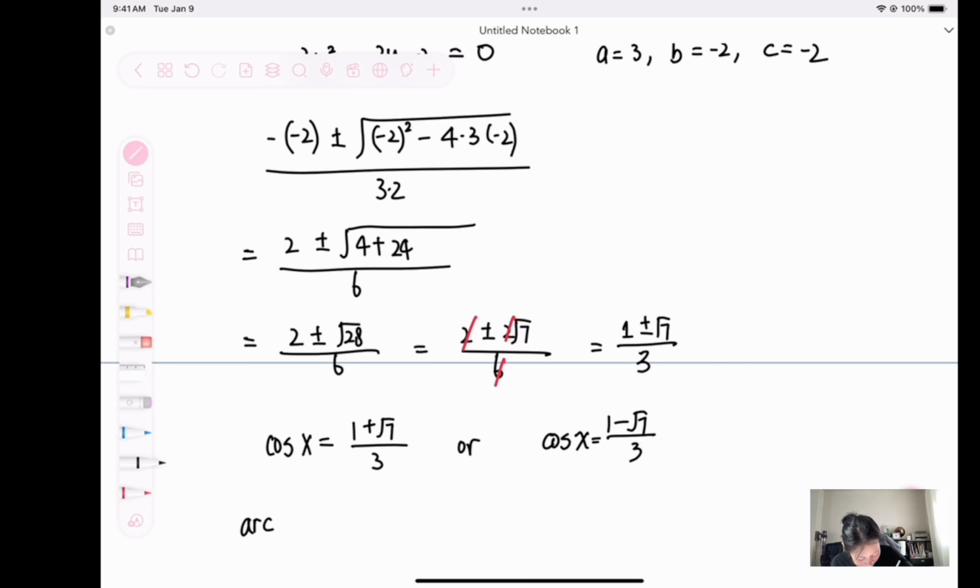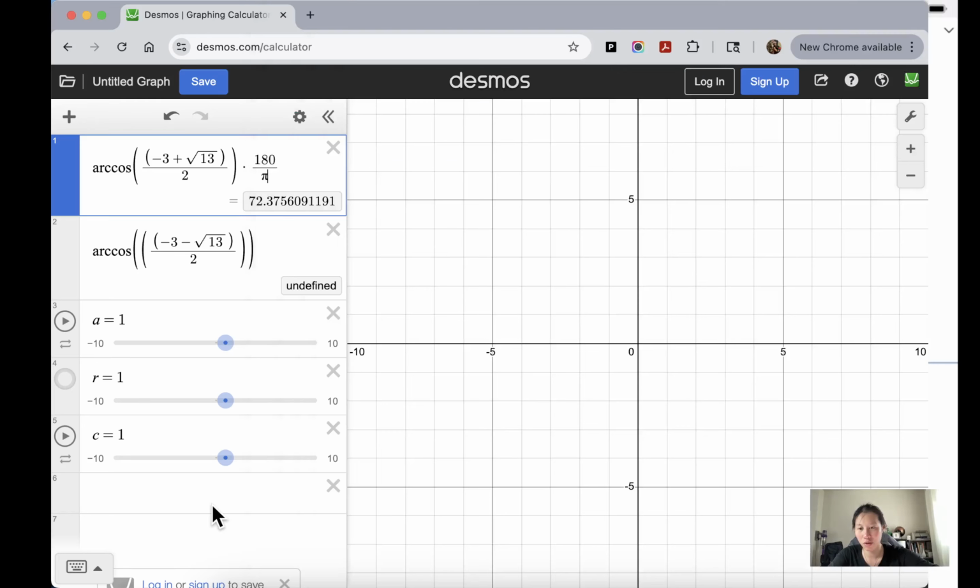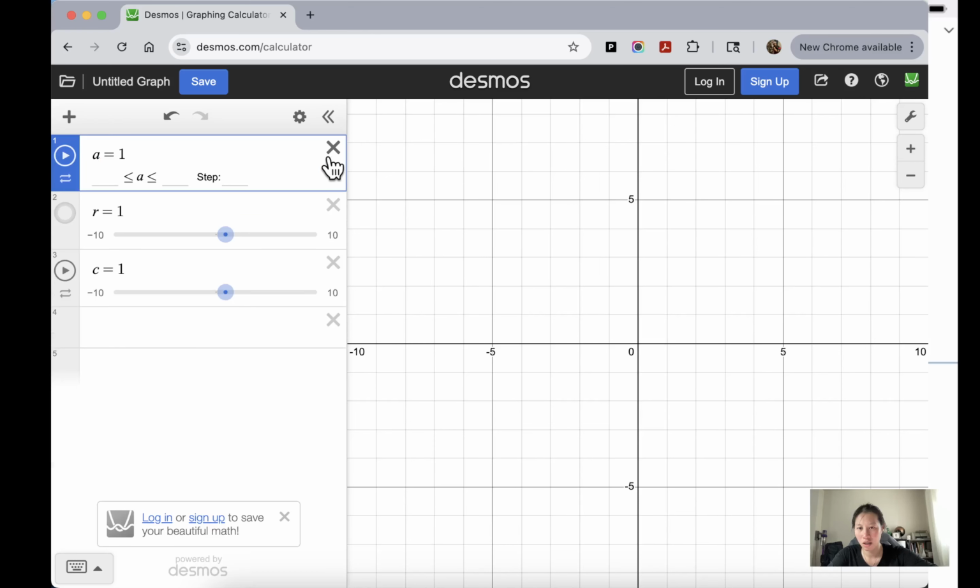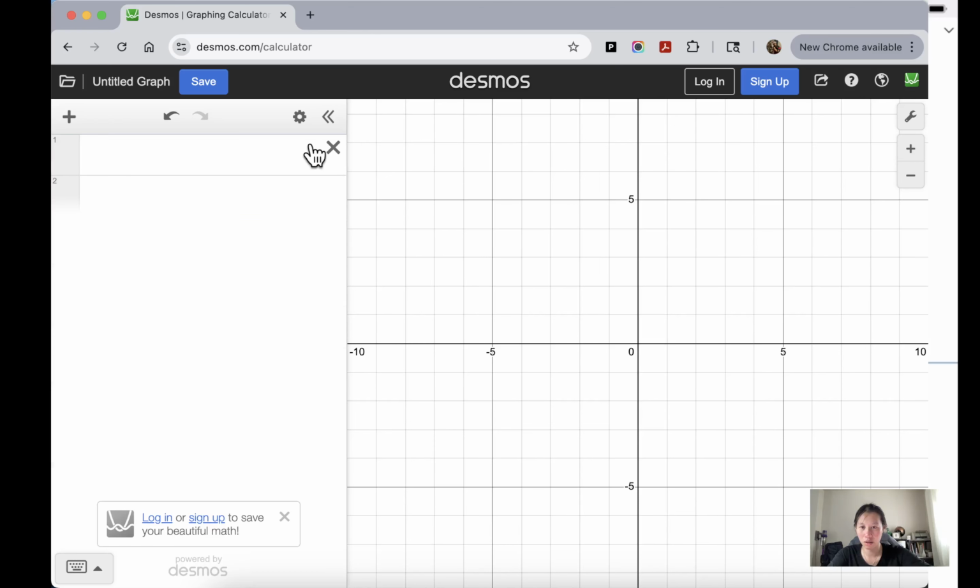And again, we need to use a decimal to help us solve. So I have the inverse function of 1 plus square root of 7 over 3, or the other inverse function. There are two ways to write down the inverse function. Okay, let's check our answer in decimals. So I have arc cosine of (1 minus square root of 7) divided by 3.